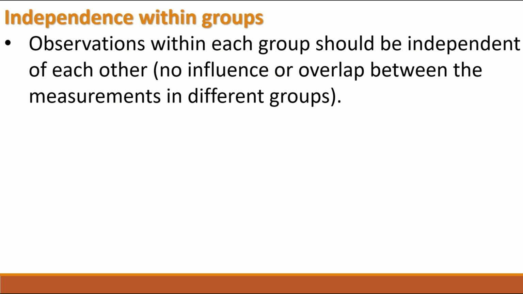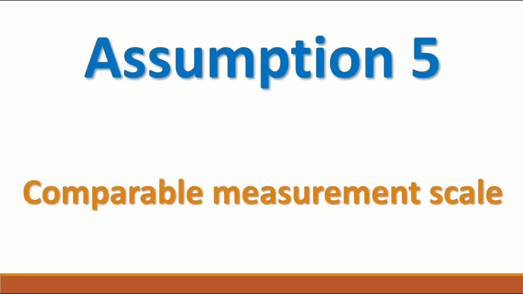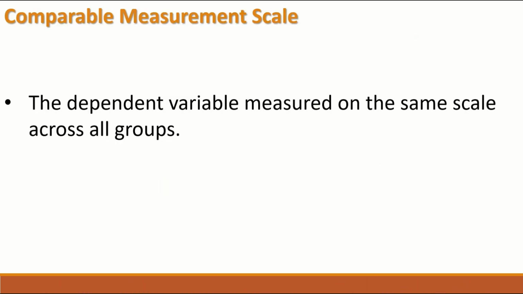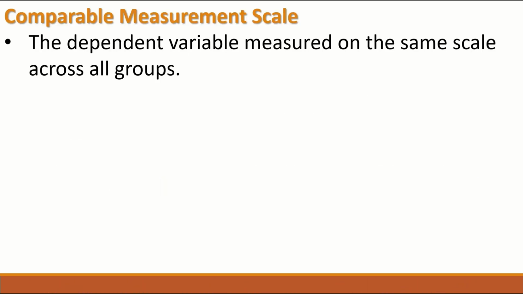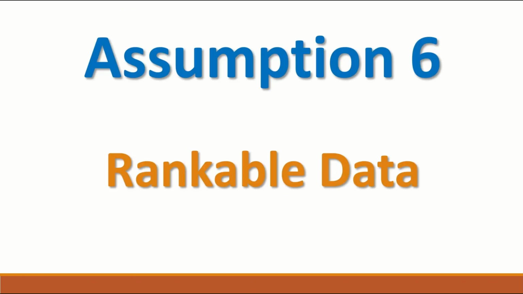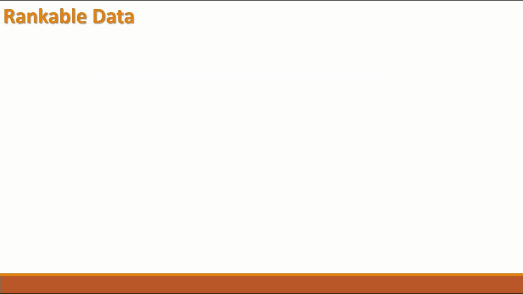No influence or overlap between the measurements in different groups. The fifth assumption is comparable measurement scales, which means that the dependent variable is measured on the same scale across all groups.